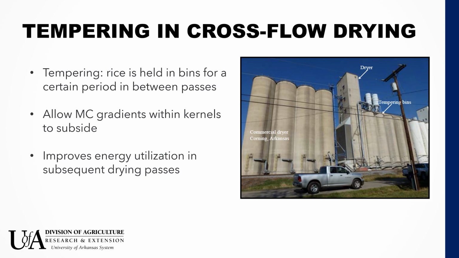And so tempering is very, very important to reduce those stresses within the kernels. Another thing that the tempering process does is that it improves energy utilization in subsequent passes, because when the moisture content equilibrates within that kernel, the subsequent pass is able to remove a significantly larger amount of moisture from that kernel compared to if it was not tempered.